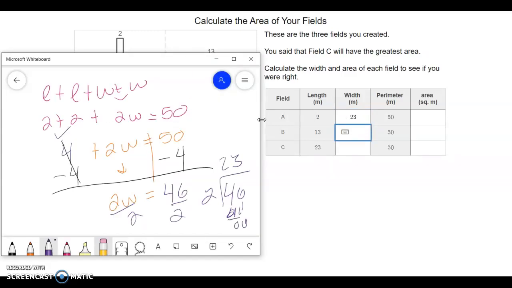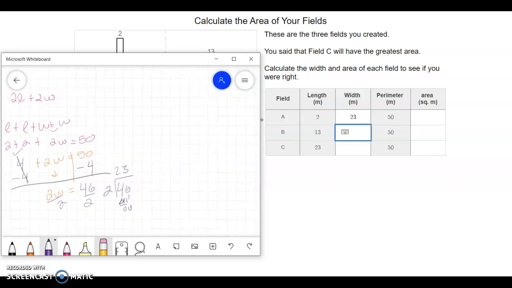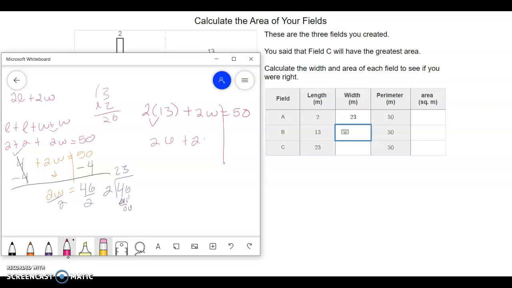I can do the same process for the other ones. It's just in this case, instead of having 4, I'm going to have 13 twice. So 13 times 2, we'll use the other formula. So 13 times 2 is going to give me 26 plus 2w equals 50.